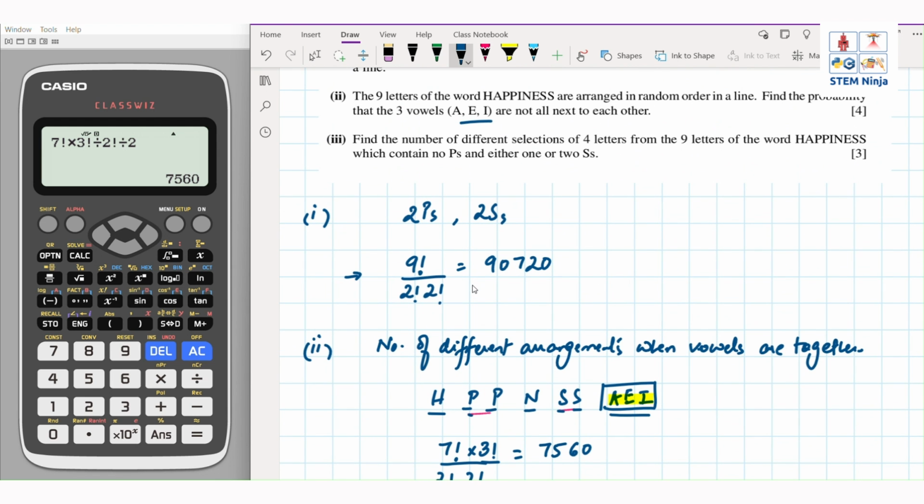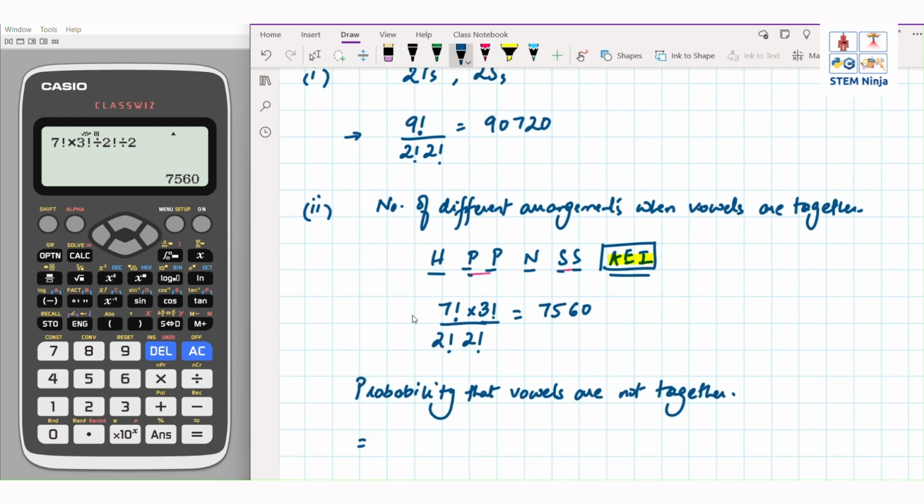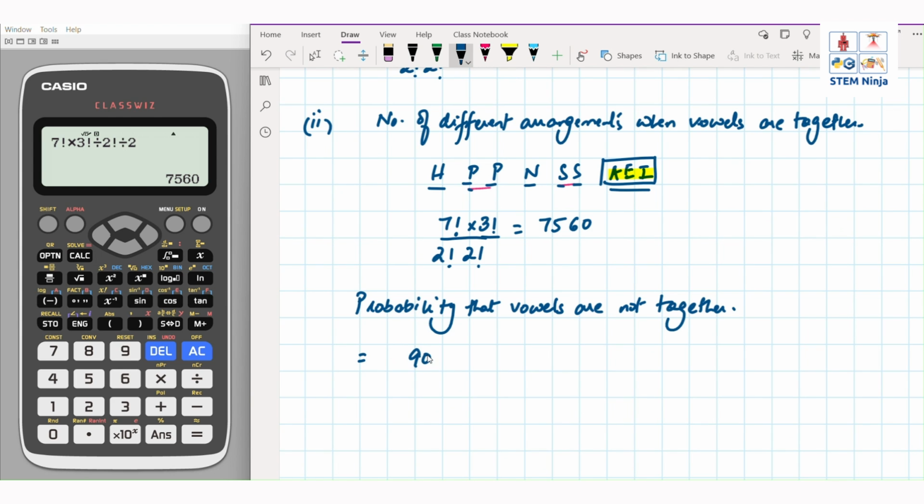Now the probability that vowels are not together, we will just take away them from the total. So from the total, that was 90720, we subtract the times that they are together, 7560, divided by 90720.